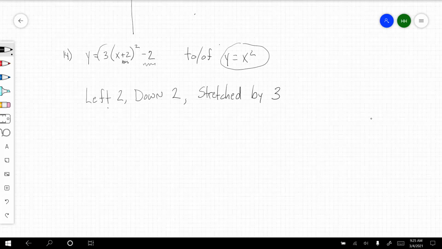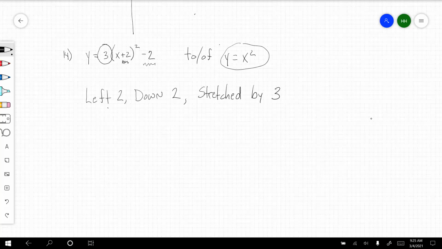Your a value, that's in your notes. I think it's from Monday or Tuesday, okay? It'll say something like a greater than 1 is stretch, a less than 1 is compression. Since this is positive, the graph still goes up. If it was negative, you would have to reflect, okay?